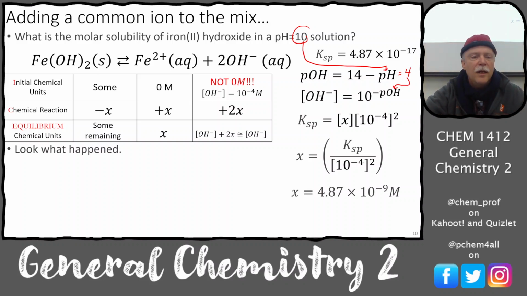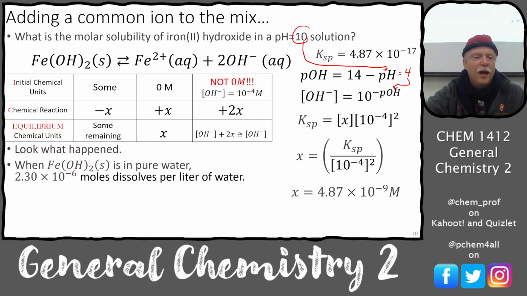Okay, so let's look at what happened. When iron hydroxide was dissolved in pure water, there was 2.3 times 10 to the minus 6 moles of that dissolved per liter of solution. Not much, but way more than this.